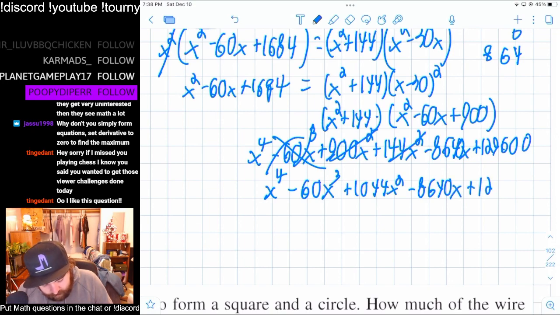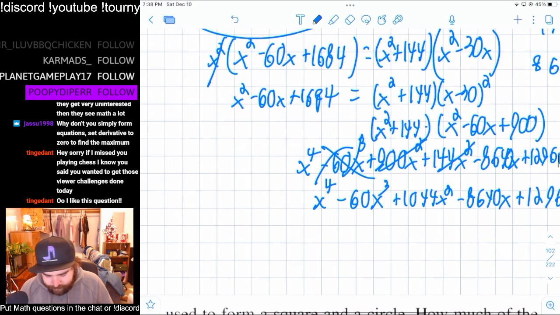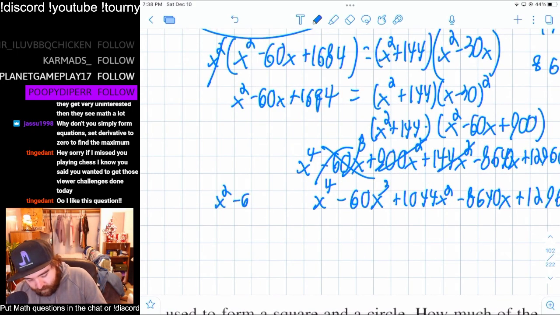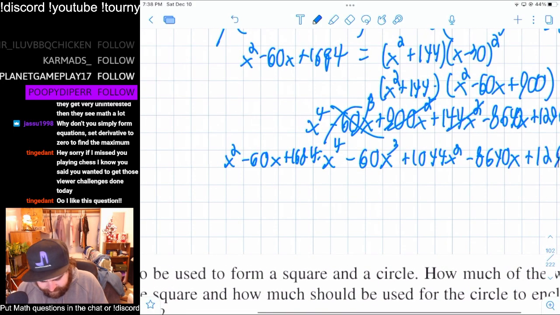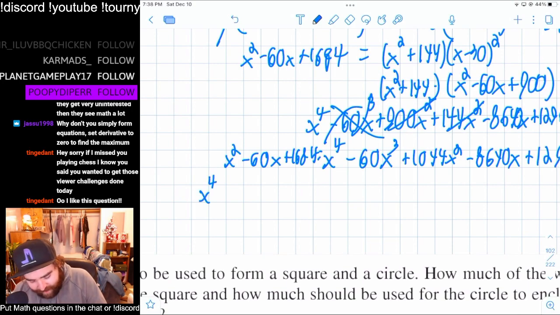And then the ridiculous number. Equals this. So I have x to the fourth. Yeah, that was an equals there.